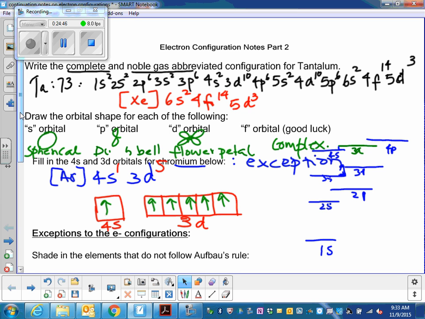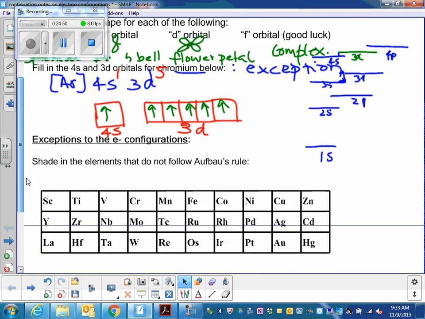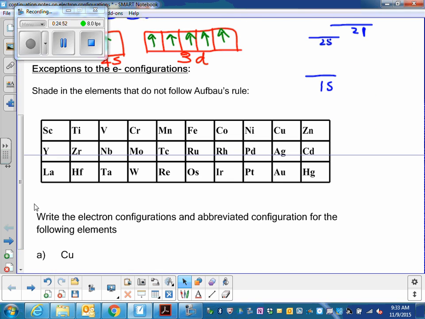Is that clear? Okay. So, which are the ones you need to know are the exceptions to the rule? All right. So, this is 1, 2, 3, 4. This is the fourth one. So the fourth one will all have the D5 instead of the D4.